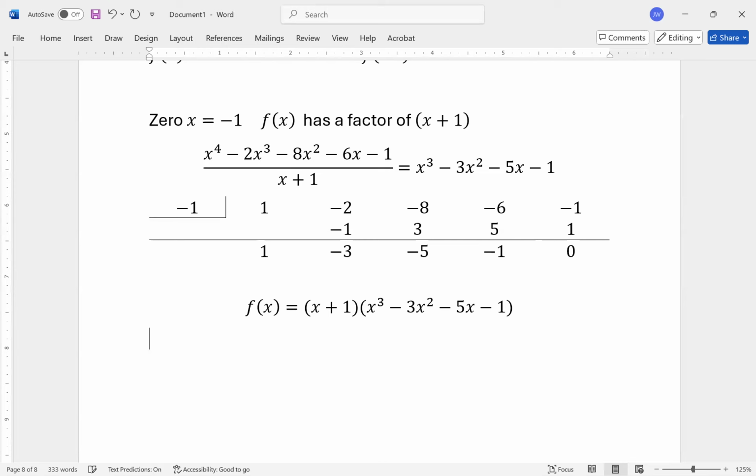Then we ask, well, I know that x plus 1 is 0 when x is -1. When is x to the third minus 3x squared minus 5x minus 1 equal to 0? So in other words, when is this equation true?